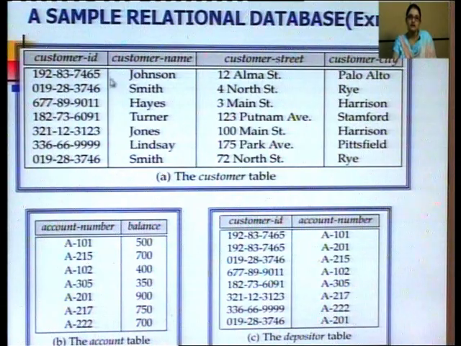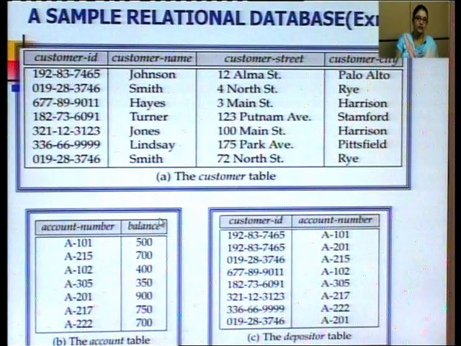This is a simple relational database having a customer table, an account table and a depositor table. We have three tables, namely customer, account and depositor, having their attributes as following, and each attribute has corresponding values. This is the customer table, which keeps a record of every value related to the customer. This is the account table having a record of account number and balance.